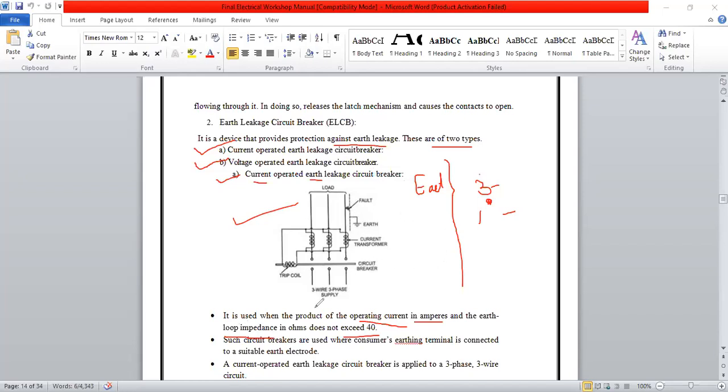For that situation, this earthing resistance, or it may be earthing impedance, we can call it resistance or impedance, this should not exceed 40. Okay, such a circuit breaker is used where the consumer's earthing terminal is connected to a suitable earth electrode.